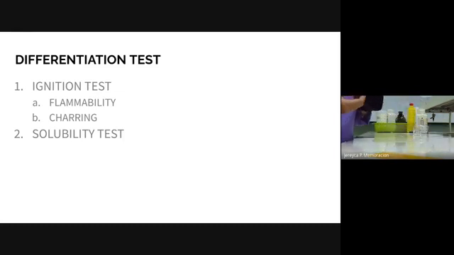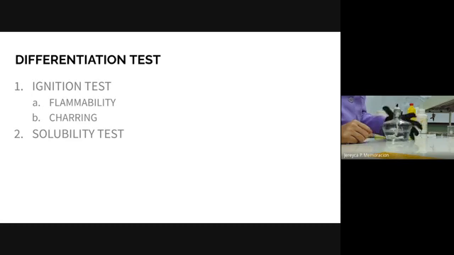Next, we are going to execute the charring test. When you say charring, it is a combustion, a chemical process performed in heat. So we are going to perform burning of white sugar and also table salt.